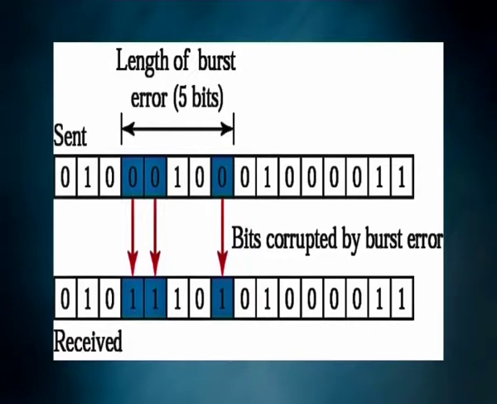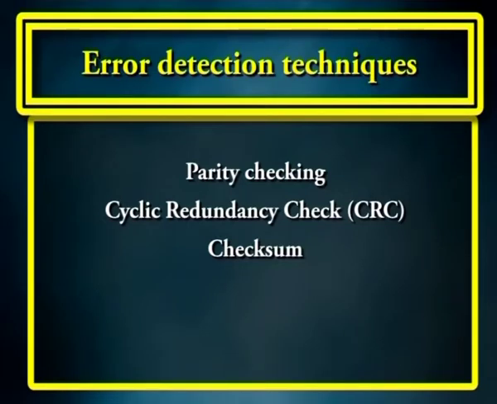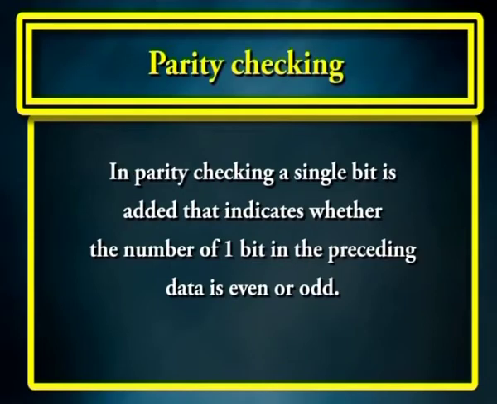This is burst error. There are 3 basic types of error detection techniques: parity checking, cyclic redundancy check (CRC), and checksum. In parity checking, a single bit is added that indicates whether the number of one bits in the preceding data is even or odd.